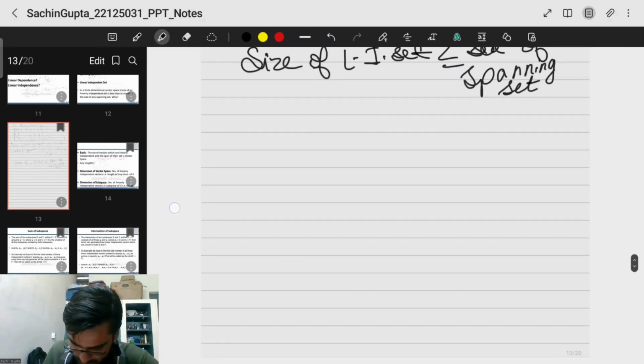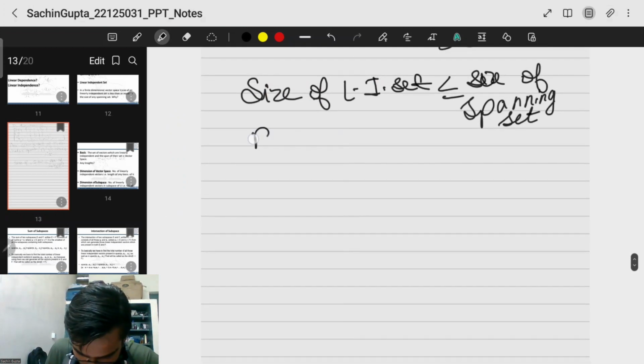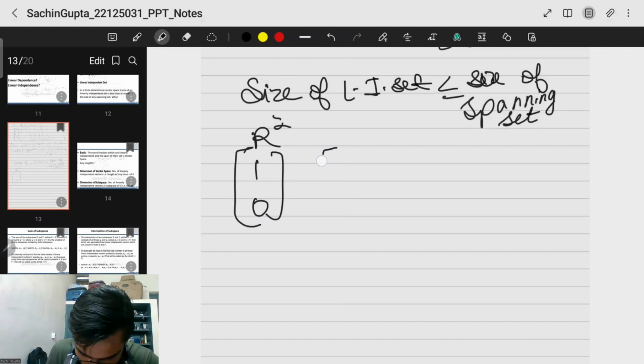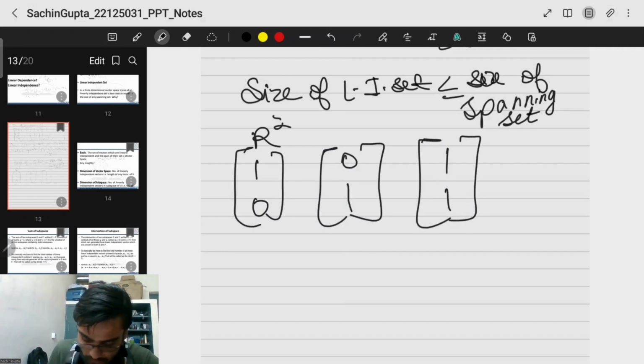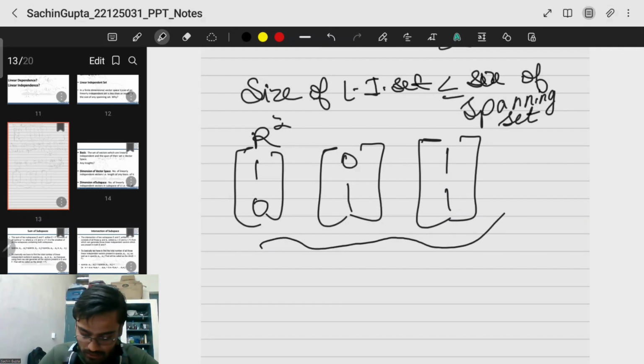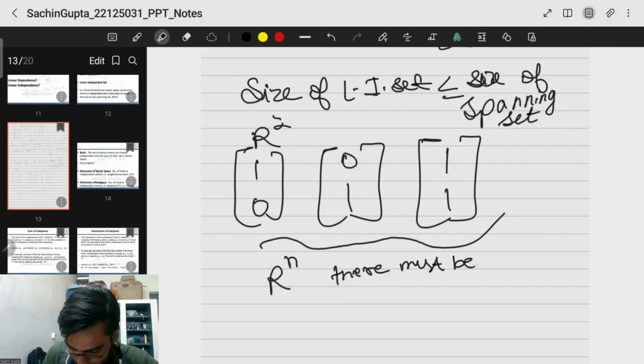If someone asks a question for R squared, whether this set of vectors can form a basis, we can directly say no, because for n dimensional there must be n vectors only, and those must be linearly independent.